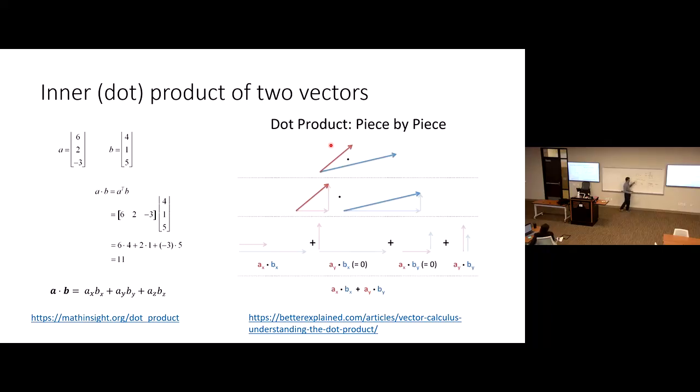Three terms because they are 3D. The other combinations, like xv times yu or xv times zu, are all orthogonal to each other, so we don't consider them. So this is like 3D. That's what I wrote in here.